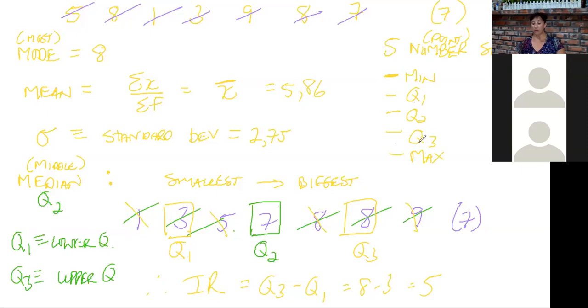That's the 5-number summary. In this case, the minimum value was 1. And the maximum value was 9. Q1 was 3. Q2 was 7. And Q3 was 8.